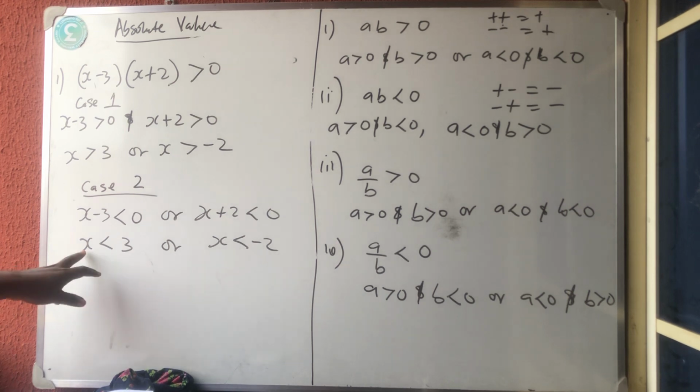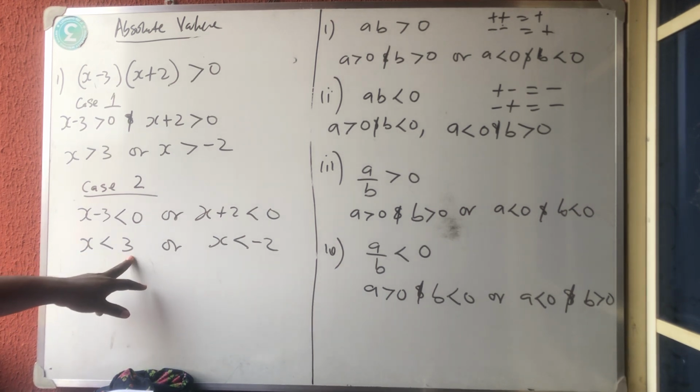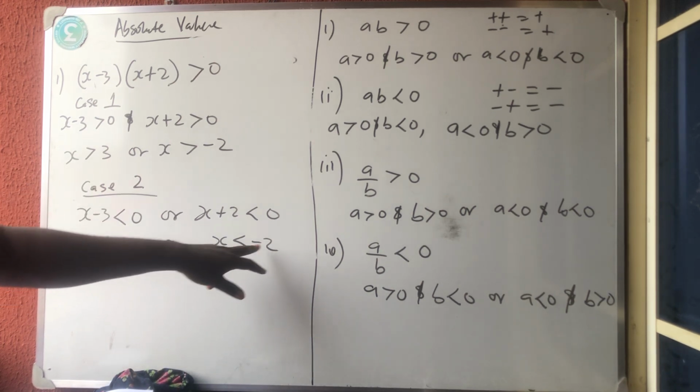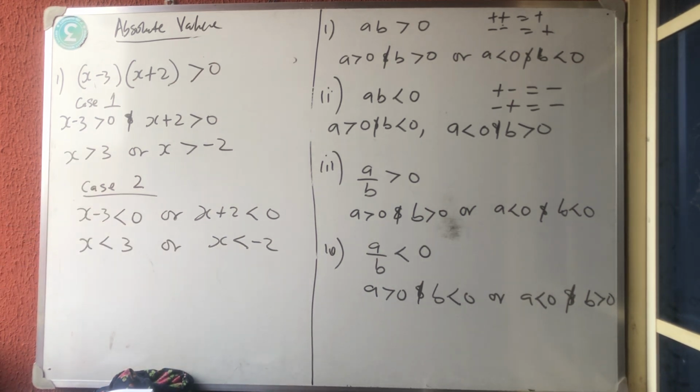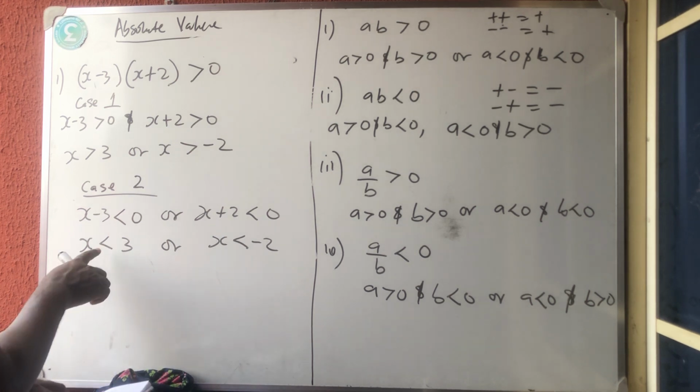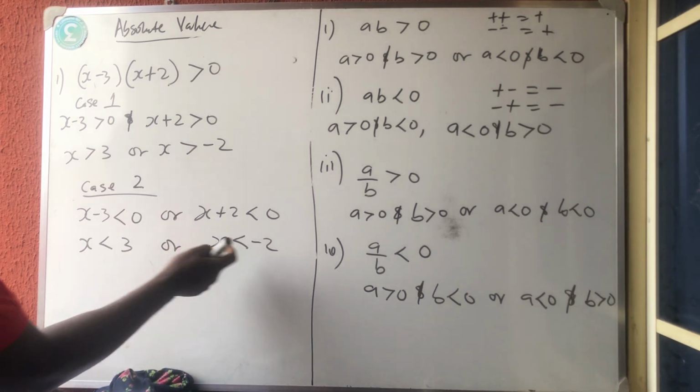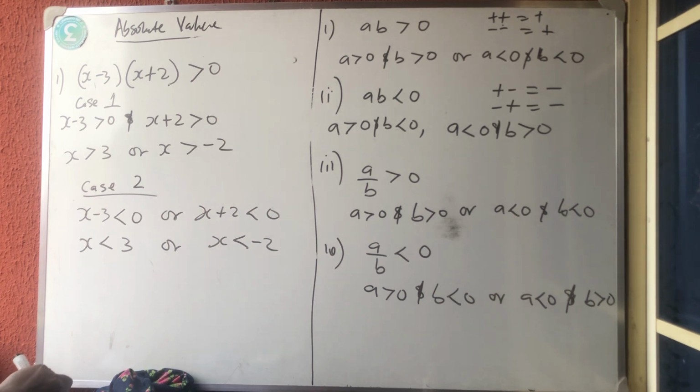But if we say that x is less than 3 and that x is still less than minus 2, is it correct? Yes, it's correct. Anything that is less than minus 2 is equally less than 3. So I think it is true.